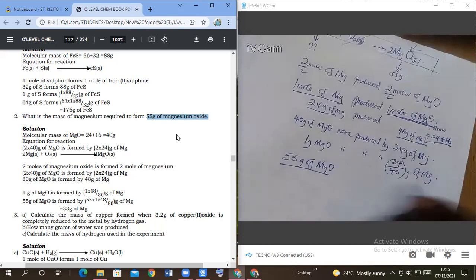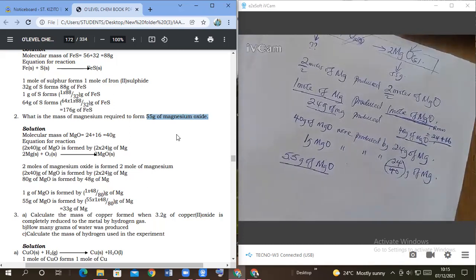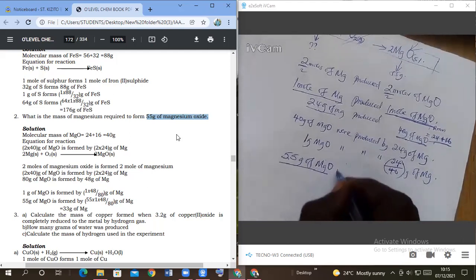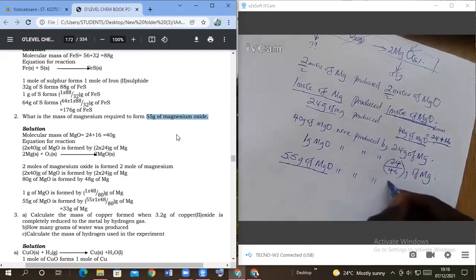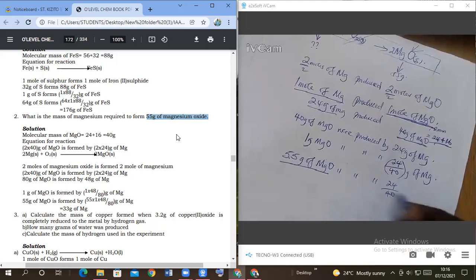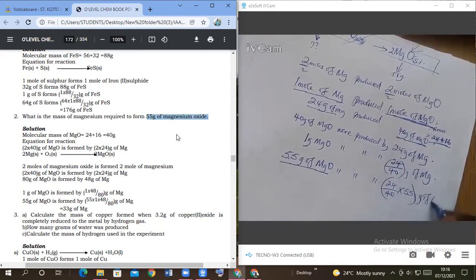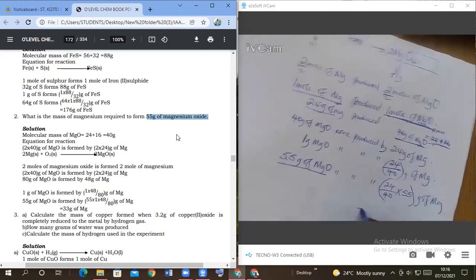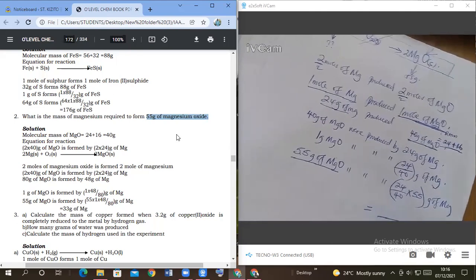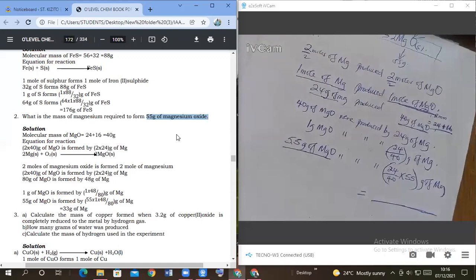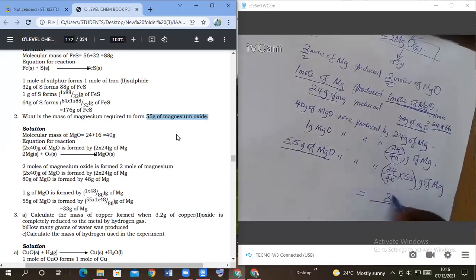Which mass of magnesium gave us 55 is what we are looking for. 55 grams of magnesium oxide were produced by 24 out of 40 times 55 grams of magnesium. What is the answer? The answer is 33 grams of magnesium.